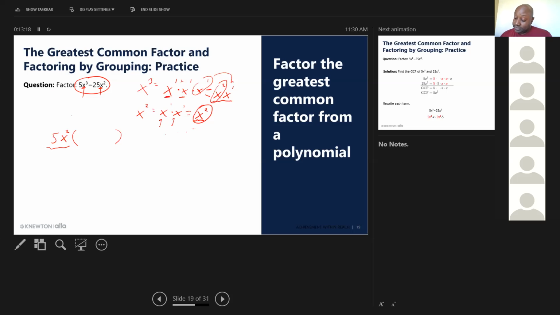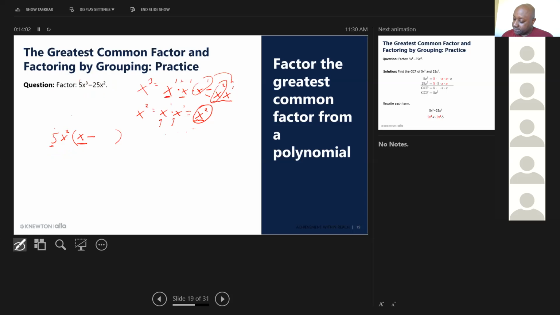Okay, so now since I pulled out this 5x squared, I asked myself, this 5x squared times what would give me 5x cubed? Well, 5 times 1 will give me 5, and I don't have to write the 1. But x squared times what will give me x to the third? Well, that's just x. And then for my second term, I have minus.